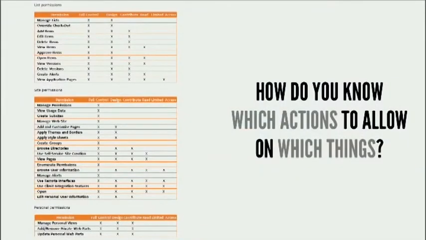So how do you know which actions to allow on which things? You would need to understand the job of the warehouse clerk. You would need to understand the sorts of things they do in order to just update this list. And this is a junior warehouse clerk, and they're not going to be able to do the same things as a standard clerk. And what if it turns out that one day a week this person is a sales rep, and so on those days they need permissions that the junior warehouse clerk doesn't have, but the sales rep needs?